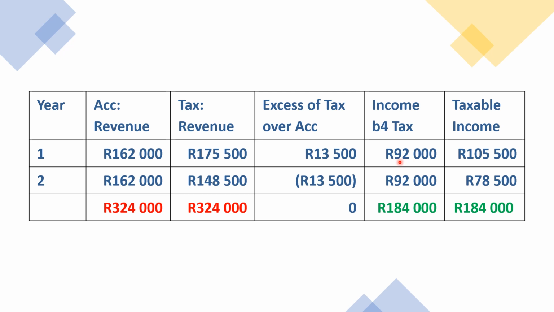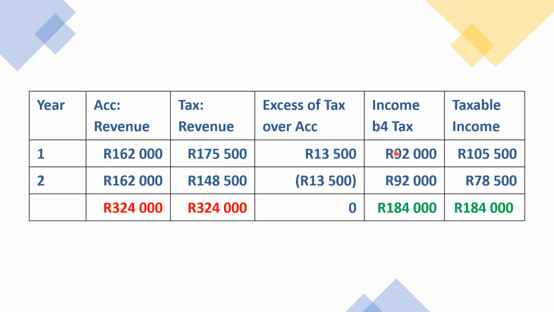But from the tax perspective, we have a revenue that we recognize of 175,500 minus the expense, and it's going to give us 105,500. It is on these two amounts that we're going to calculate the tax expense and the current tax payable. So for tax expense, it's going to be how much? 92,000 multiplied by 28%, it's going to give you 25,760.